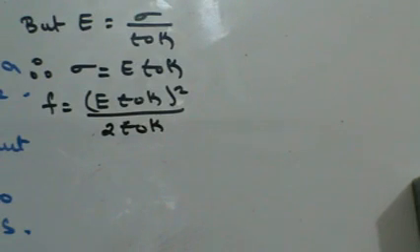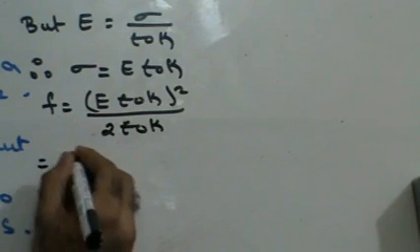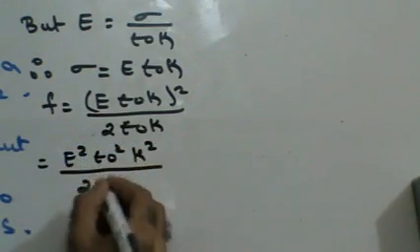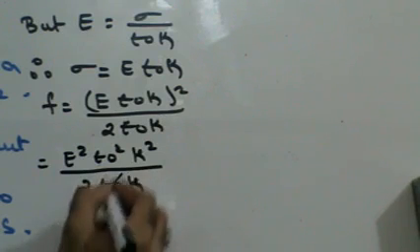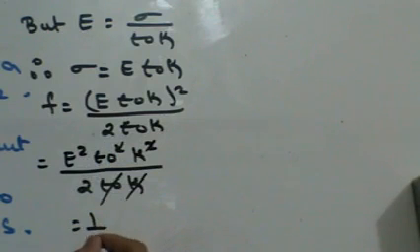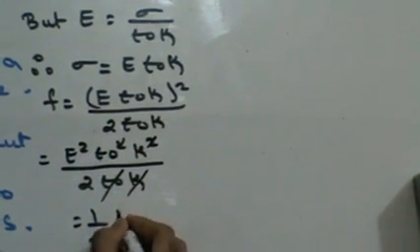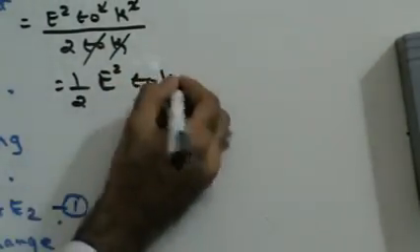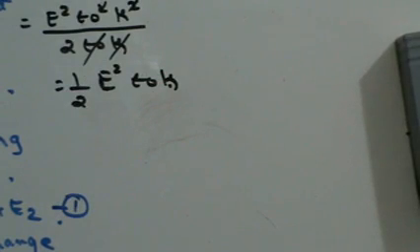So this is going to be equal to E square epsilon 0 square K square upon 2 epsilon 0 K. Epsilon 0 and K get cancelled. This is half E square epsilon 0 K. So the force per unit area is going to be half epsilon 0 K E square.